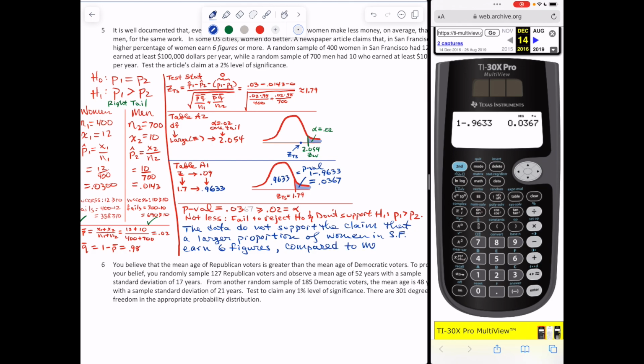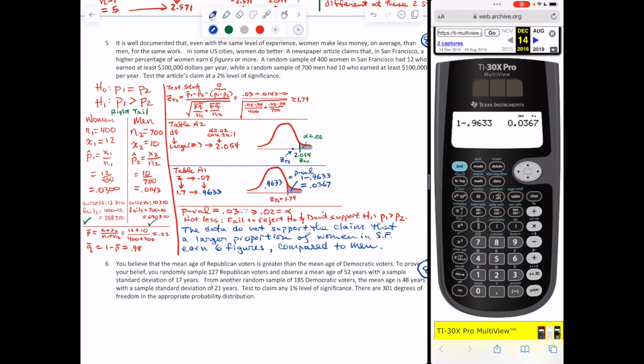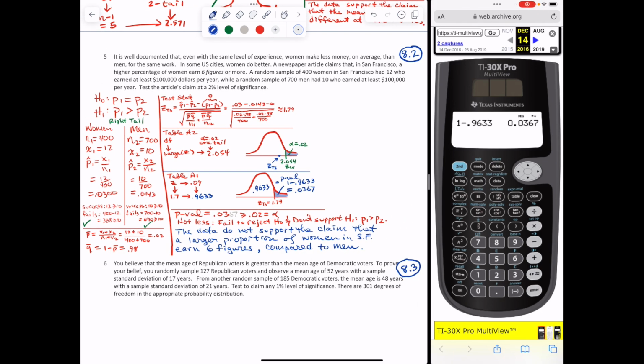Okay, so that's that one. I think I could have centered that whole thing a little better, but that's okay.